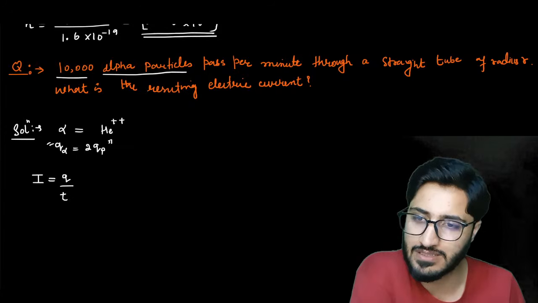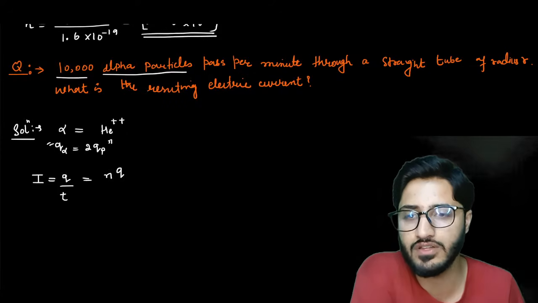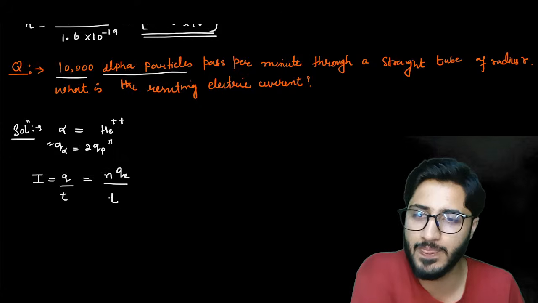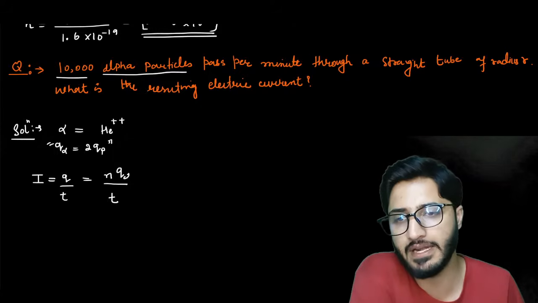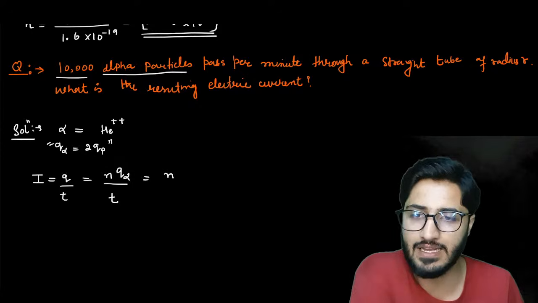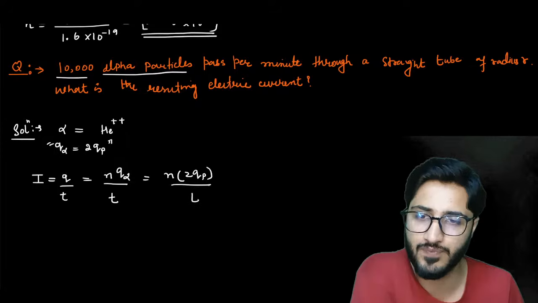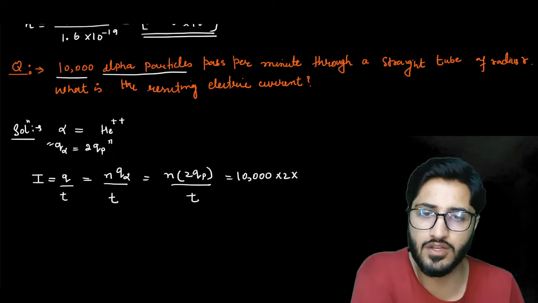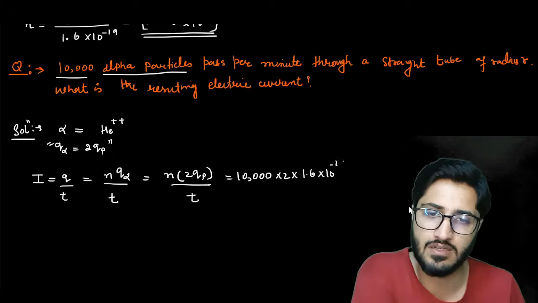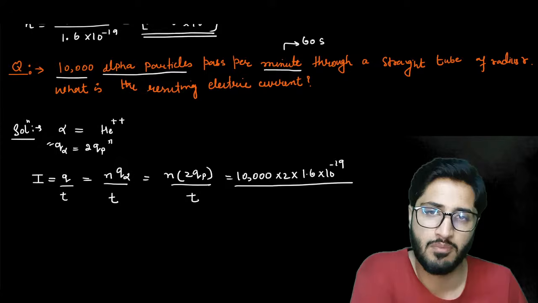Q is equal to N times the charge of electron, divided by T. Here we are not talking about electrons, we are talking about alpha particles. So I write N alpha times 2 times the charge of proton, divided by T. N is 10,000 multiplied by 2, charge of proton is 1.6 times 10 to the power minus 19, whole divided by T. T is per minute, which means 60 seconds.